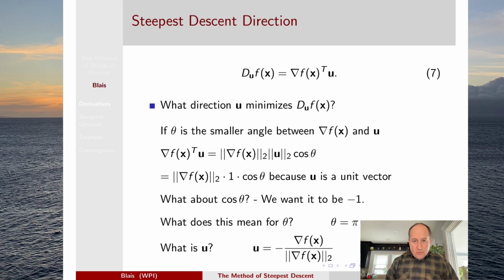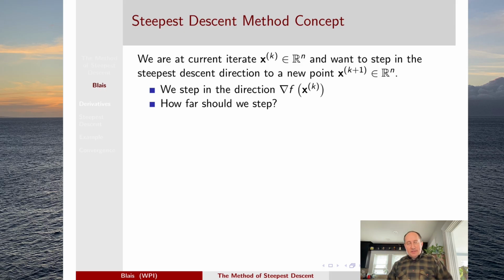That is our direction of steepest descent, which you may remember from your intro multivariable calculus class, because we usually learn in that class that the direction of steepest ascent at x is the gradient of f of x, and the direction of steepest descent just goes in the opposite direction. So think about the skiing example.